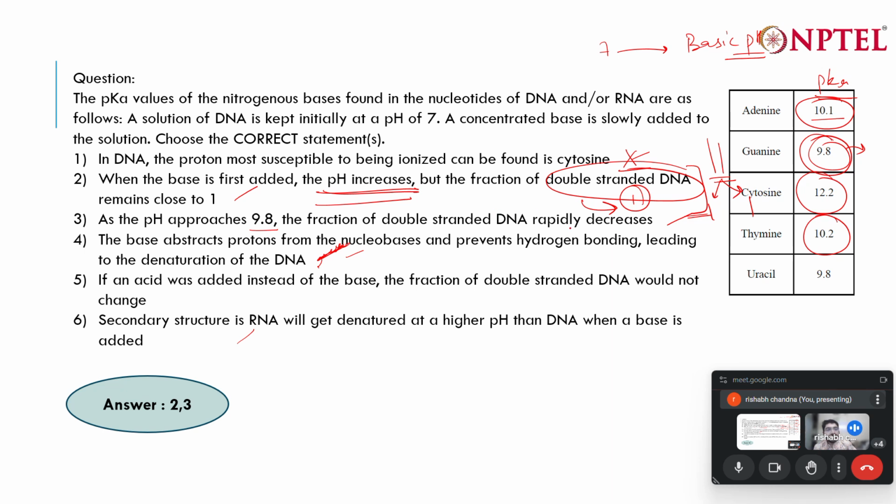So in that case, the fraction of double stranded DNA will be decreasing, and the double stranded DNA will start denaturing right now. Okay, now the base abstracts protons from the nucleobases and prevents hydrogen bonding, leading to the denaturation of the DNA.